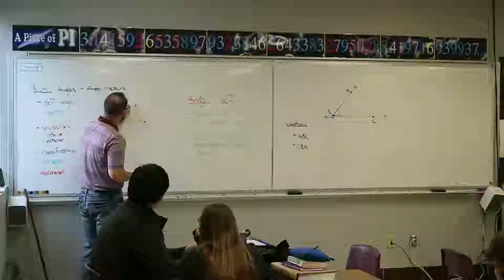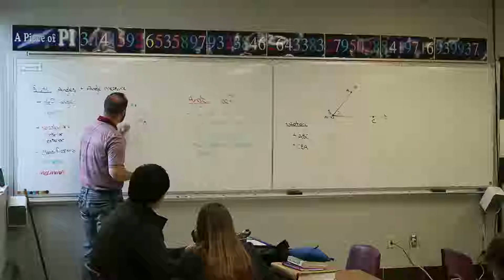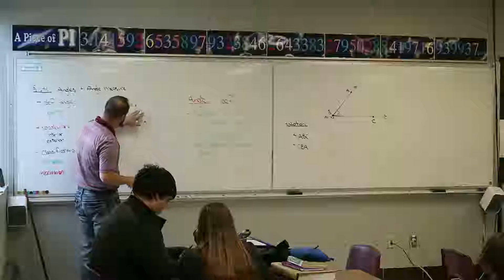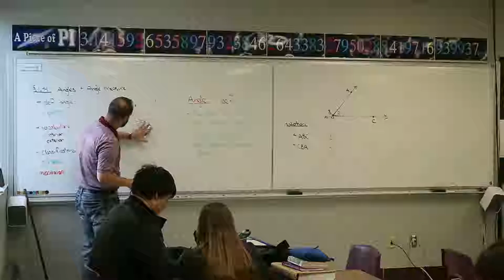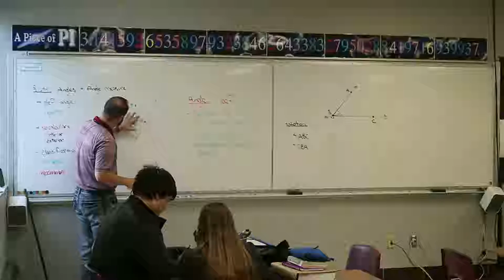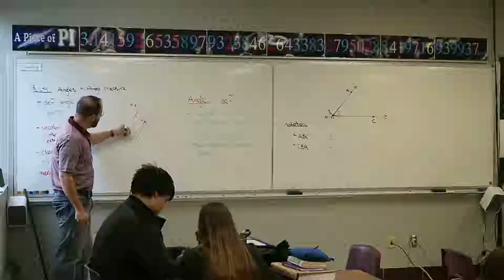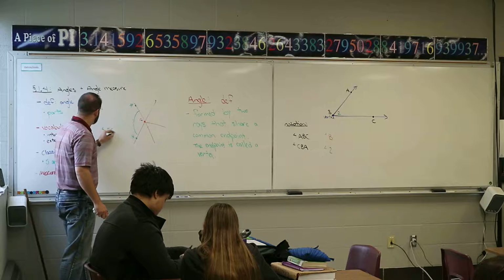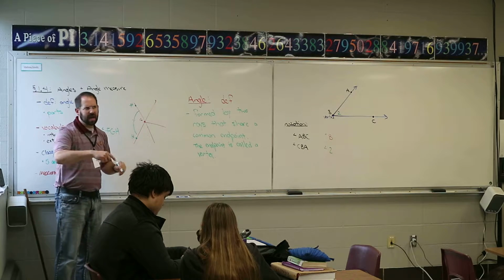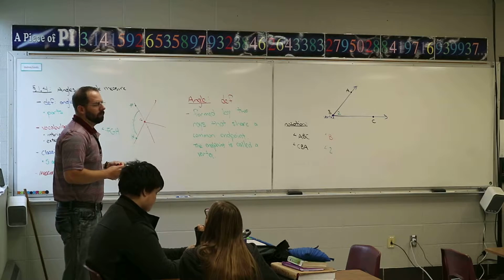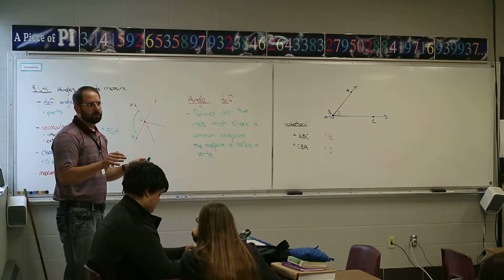So if this letter is, let's go with F, G, and H, so F to G to H. I'm going to get rid of all these other things so I'm not confusing you. If it's 1 and 6 mixed together, so it's this huge angle right here, it's angle F to G to H, or HGF, I guess. But great question. Other questions?